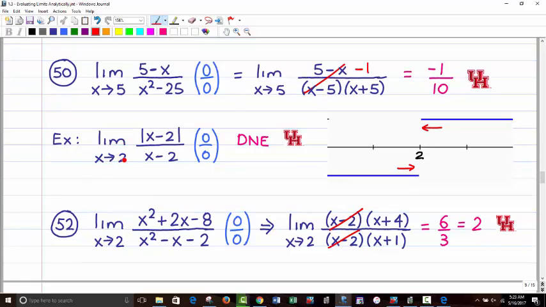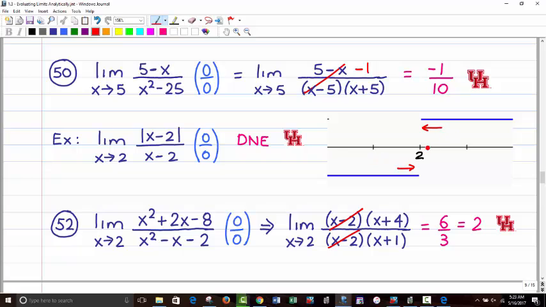Now the limit as x goes to 2 of the absolute value of x minus 2 over x minus 2. That's definitely 0 over 0. I used graphing here. You could have used a table of values. But with the absolute value, there is no factor and cancel or anything like that. You have to revert back to either numerical or graphing.